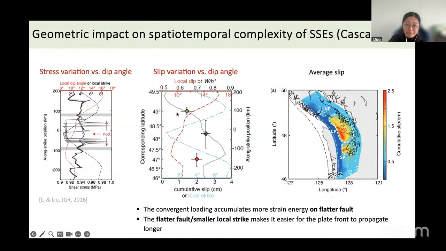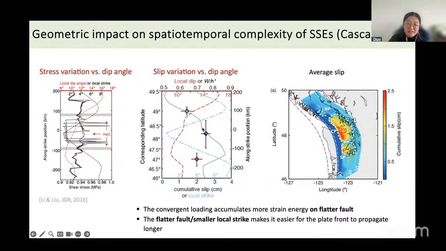So the three diamonds represent the amplitude, the along-strike length, and the cumulative slip of three patches from north to south along the strike, and the blue line is a variation of strike angle, and the red line is a variation of dipping angle.